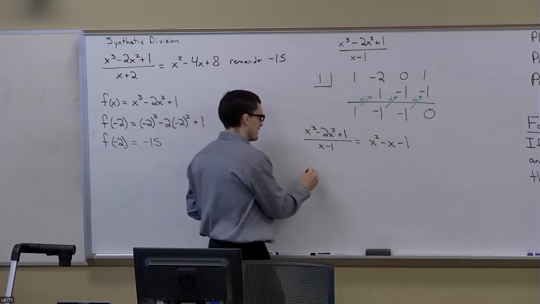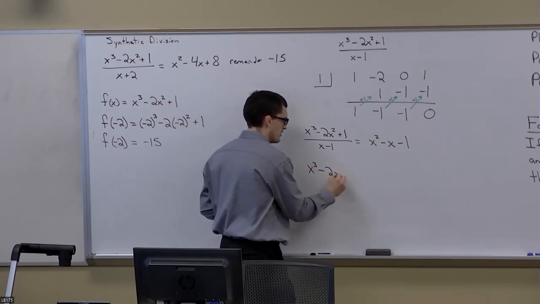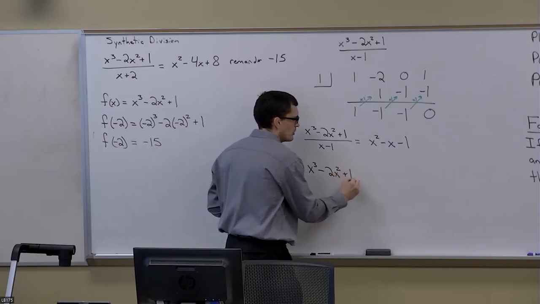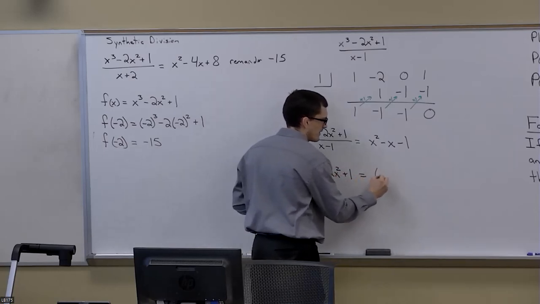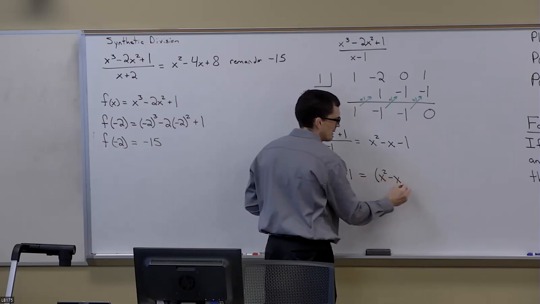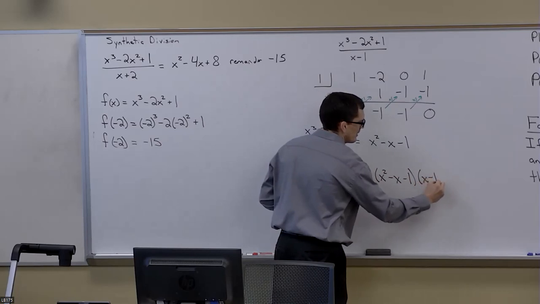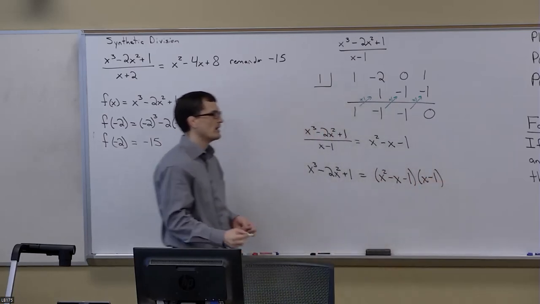Which means this polynomial could have been written as this polynomial, x squared minus x minus 1, multiplied by x minus 1.